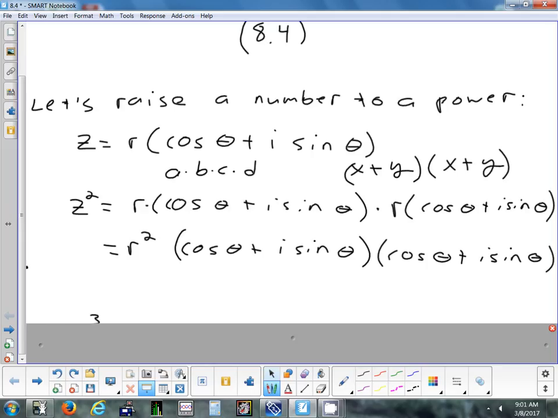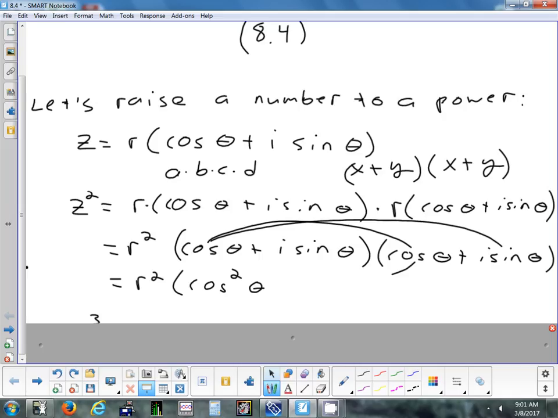So we're just going to multiply everything out, see what we get. So we've got cosine times cosine, which is cosine squared. We have cosine times i sine theta, and then cosine times i sine theta again. So we have 2 of the cosine i sine theta.